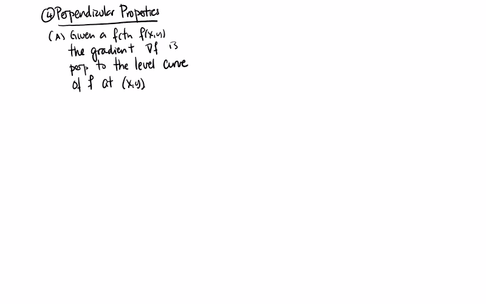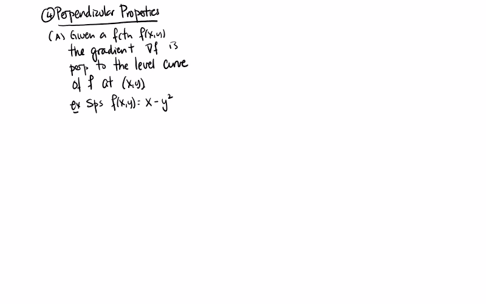Now, there's a proof of this in the textbook. I'm not going to go through it. It's not particularly long, but it's a bit technical. But I do want to do an example so we see what this means. So look at the function, say f of x, y equals x minus y squared.